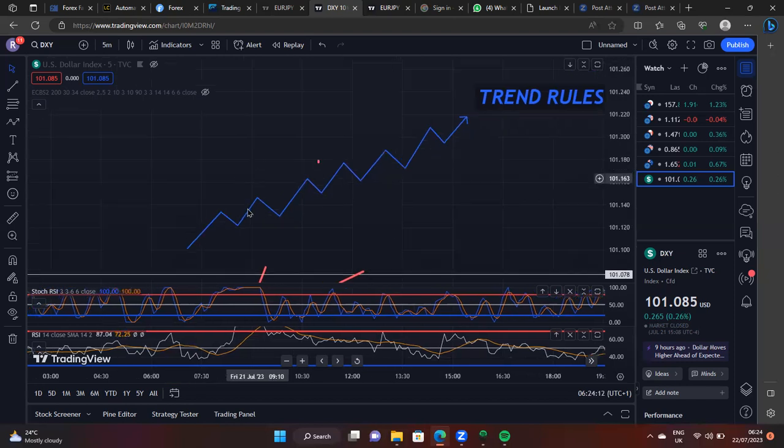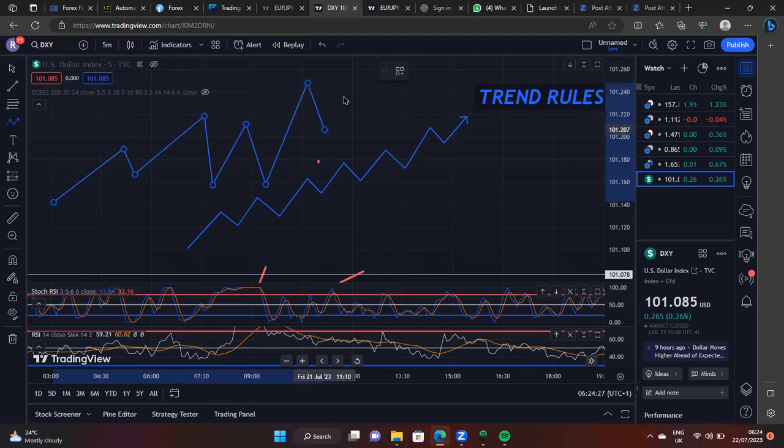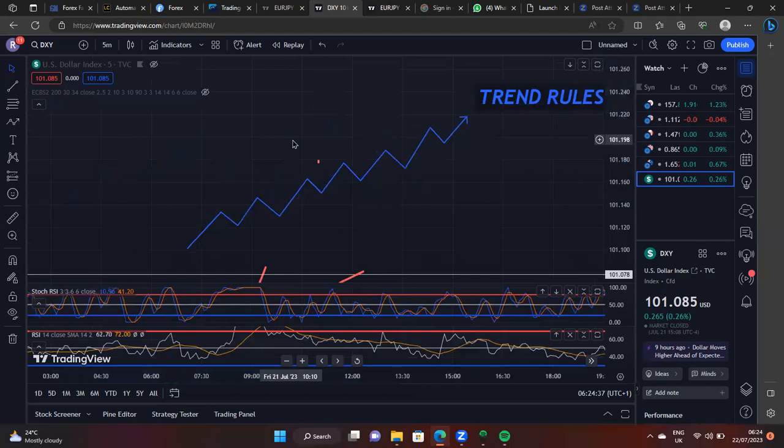If you have something not in this format, something like this, it is a crazy chart. You want to agree with me that it is a confused chart, a confused trend. It is neither up nor down.